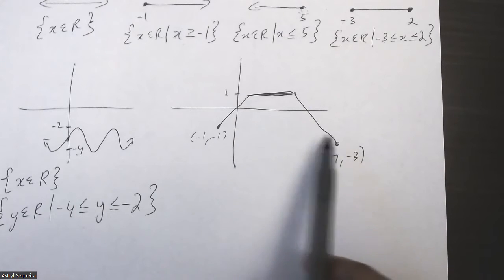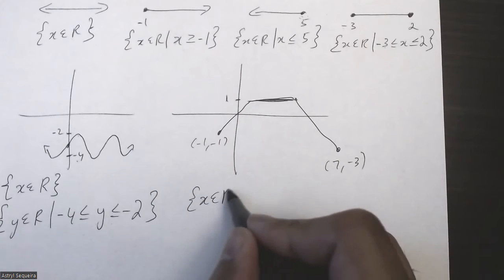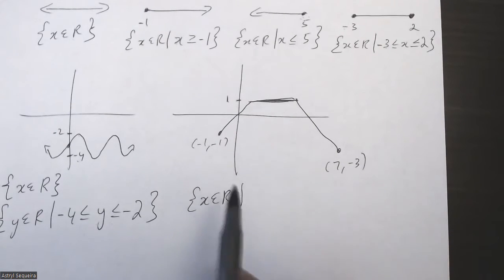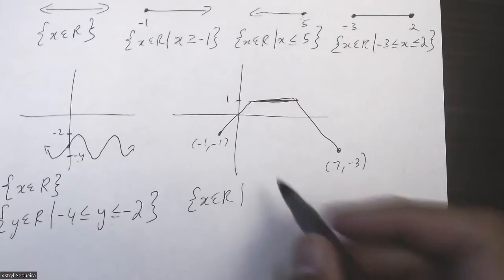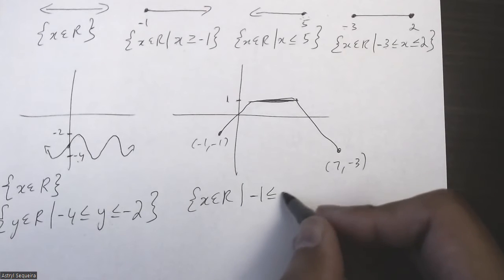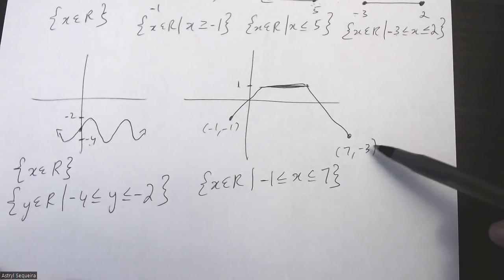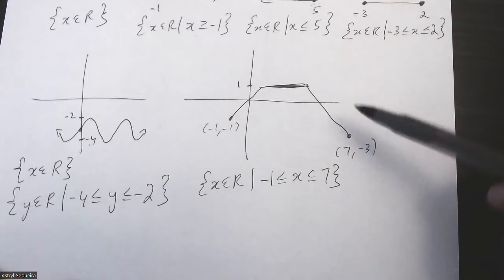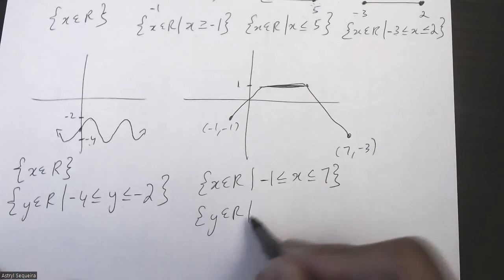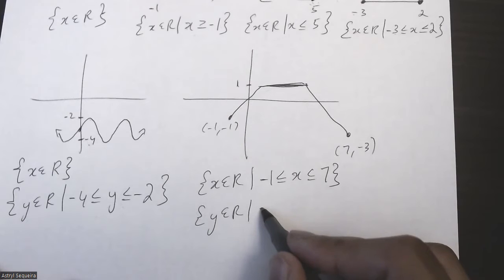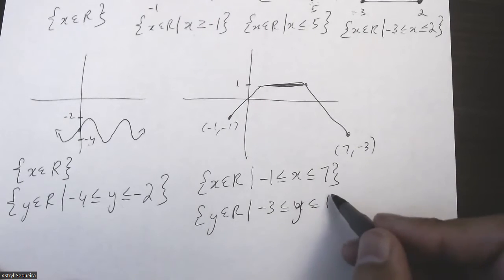So these graphs end at these points over here. Let's start with our domain. We know this is a connected line, so we're going to start with all real numbers. My lowest x value is -1. My highest x value is 7. So x is basically between -1 and 7. My lowest y value is -3. My highest y value is +1. So y is between -3 and +1.